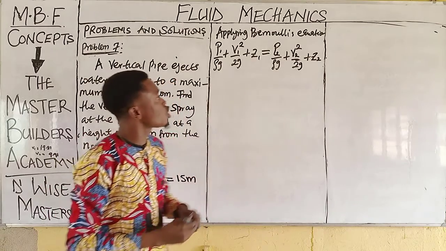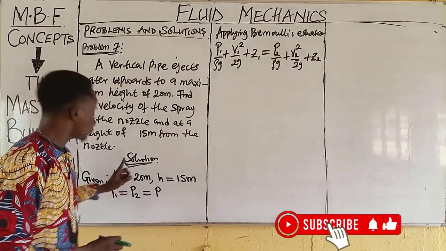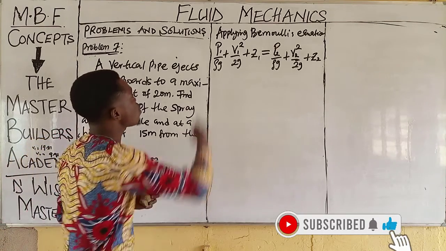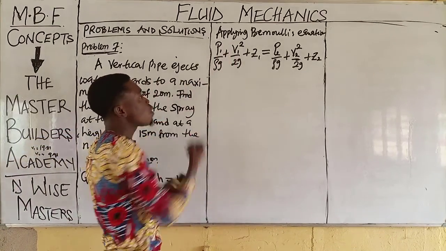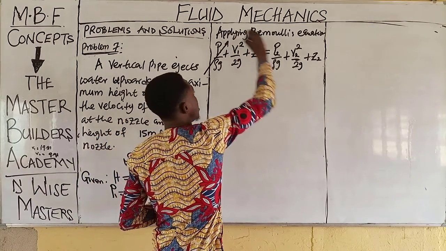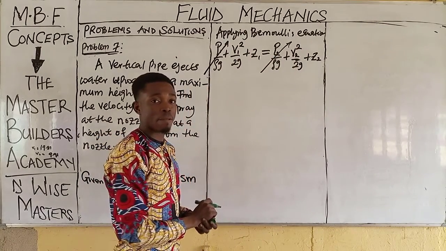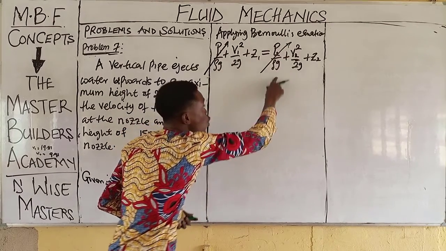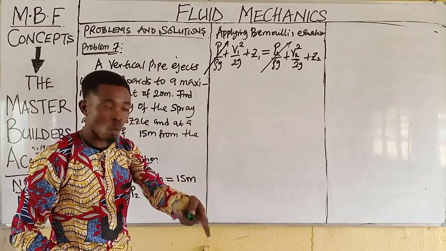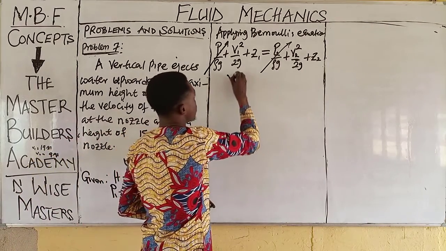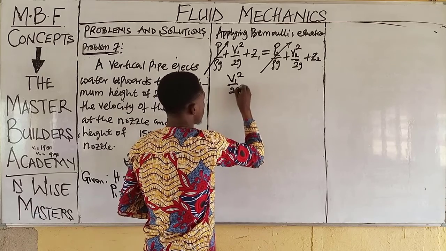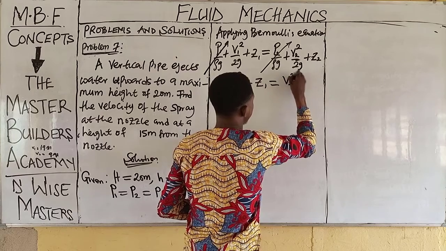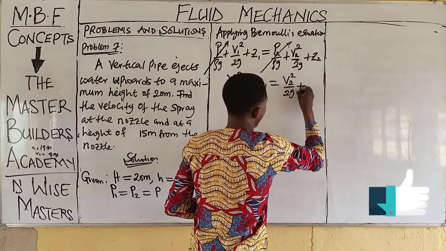Now we have already taken note of the fact that this system is a nozzle. So for nozzle, P1 is equal to P2. And if P1 is equal to P2, this will cancel out this. If we collect like terms, P over rho g minus P over rho g would be 0. So we ignore. Then this gives us V1 squared over 2g plus Z1 is equal to V2 squared over 2g plus Z2.